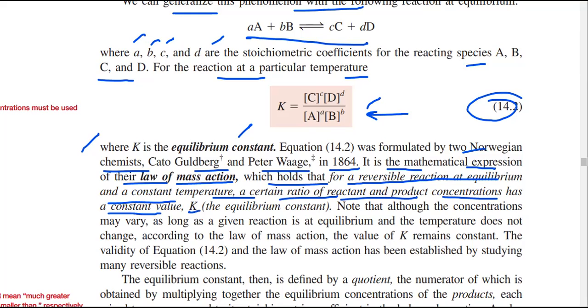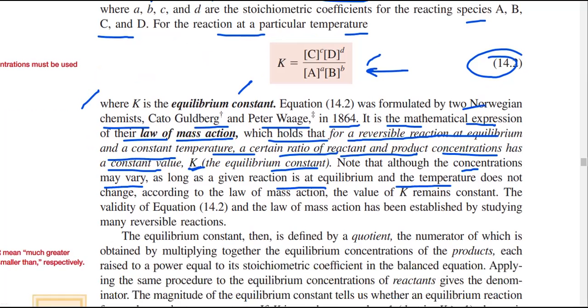That constant value is K, called the equilibrium constant. All the concentrations may vary as long as the given reaction is at equilibrium and the temperature does not change. According to the law of mass action, the value of K remains constant at constant temperature.